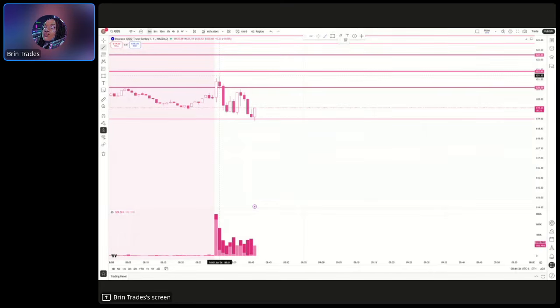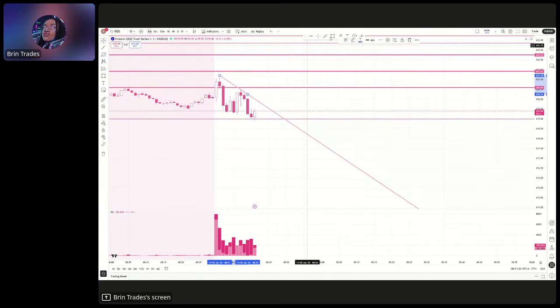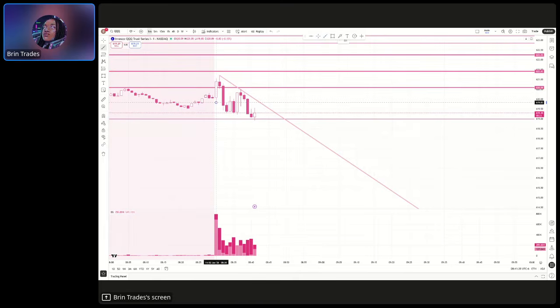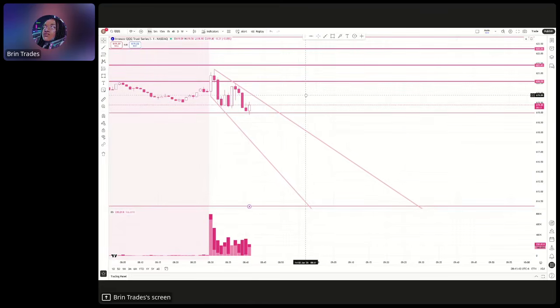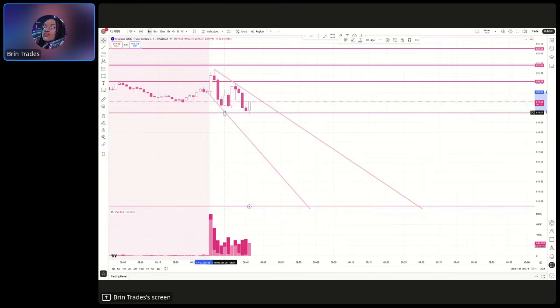What is this forming? Technically, it is forming a flag, if we're trying to get technical with it.